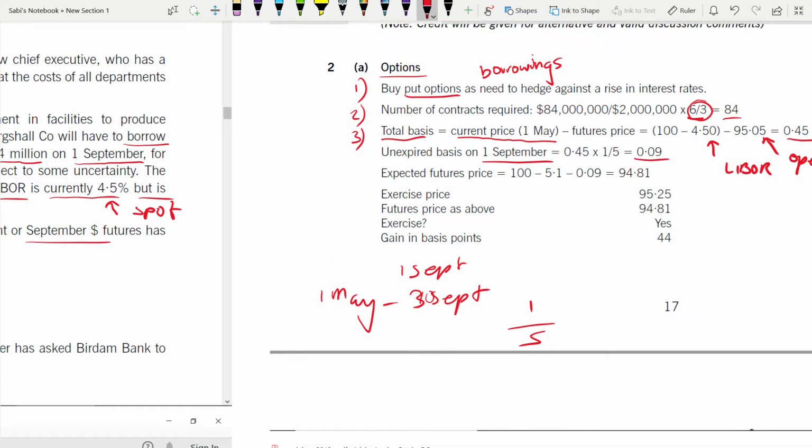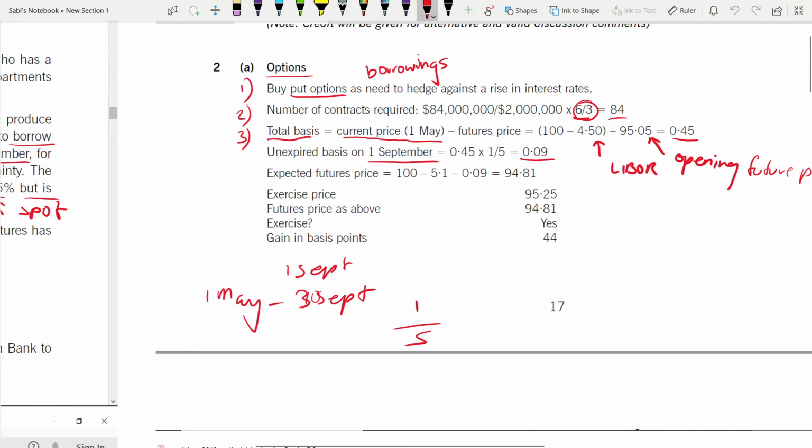Now, next is expected future price. What is the expected future price? If you see, it is 100 minus 5.1 minus 0.09, the unexpired basis.